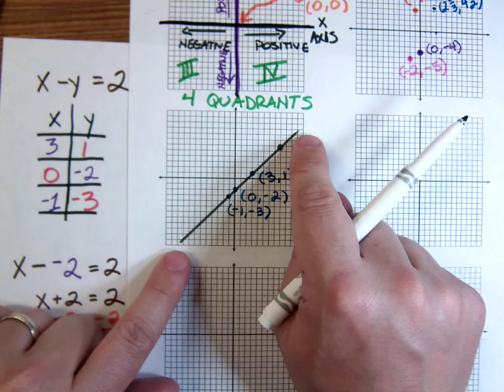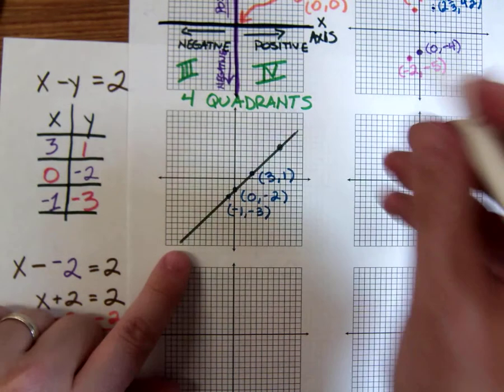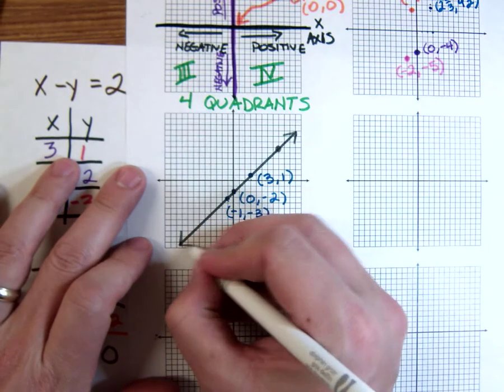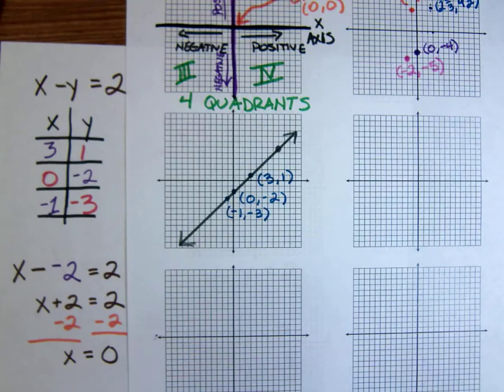But that's not the end of this line. The line would keep going if my graph was bigger. So the way that we indicate that is by putting arrows on the end of the graph. The arrows on the end of the graph say, this would keep going if I had more space. But I don't have more space. Kind of like the absolute solution.